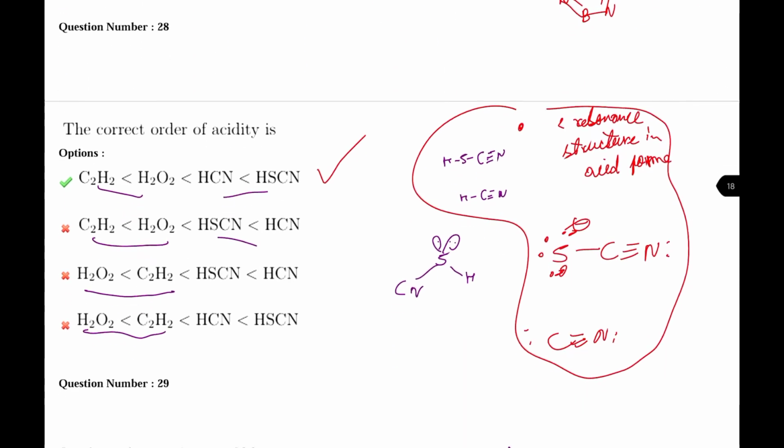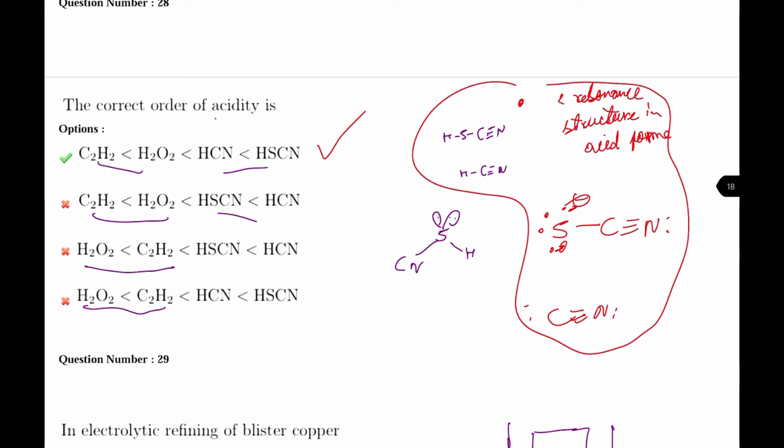Next question, the correct order of acidity is. So initially I was also confused with this question. If you see H2O2 and C2H2, okay, so C2H2 is an alkyne, right? C triple bond C and hydrogen, that is ethyne, and this is a peroxide.